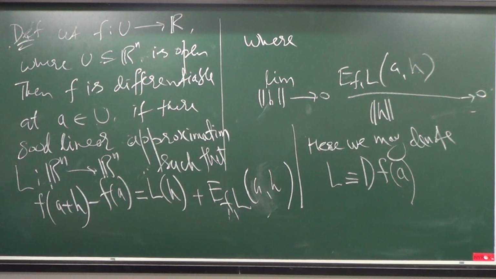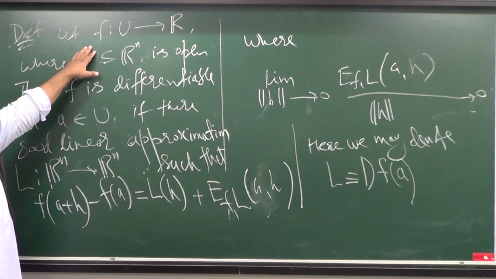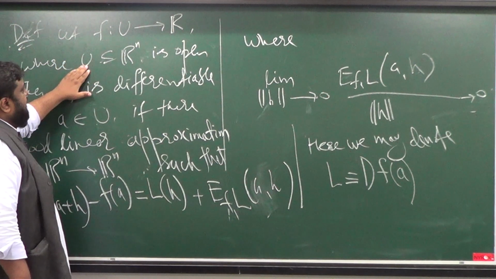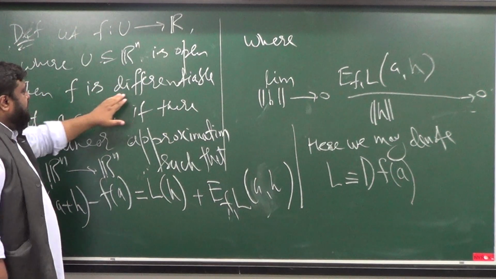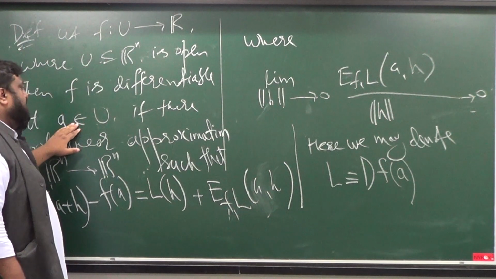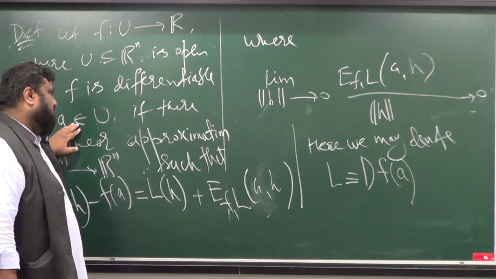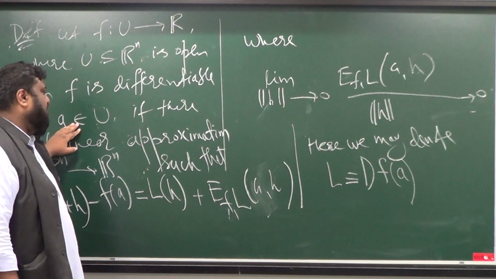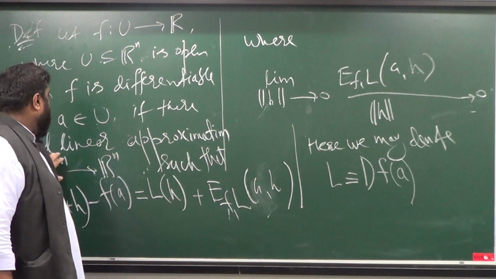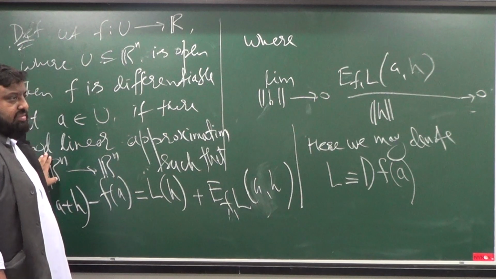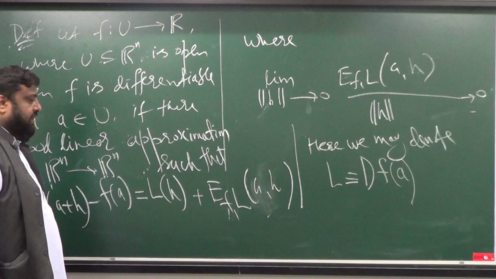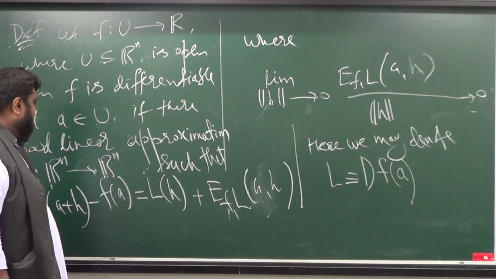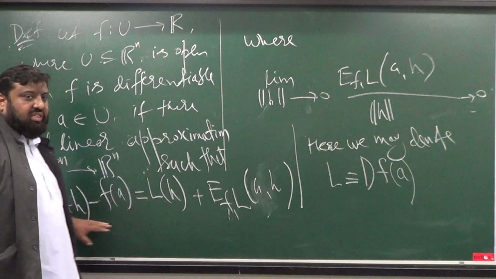Okay. So once again, if I have a scalar valued function taking inputs from an open subset of Rn, then we say that f is differentiable at a point if there exists a good linear approximation, and by good linear approximation we mean that you have an operator L such that it satisfies this equality.